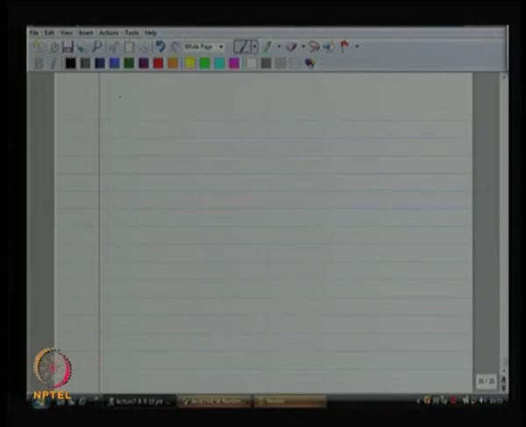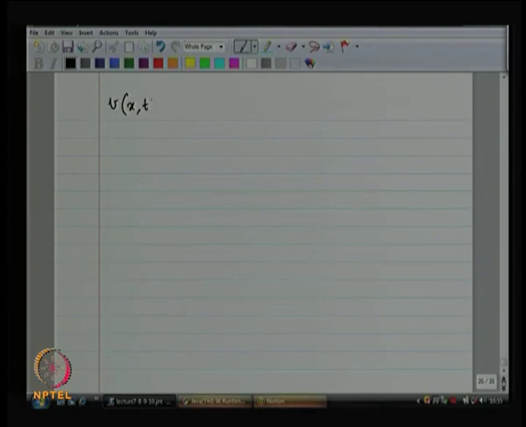V of x t is going to be a function, let us call it V plus.